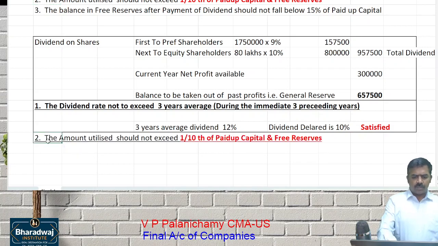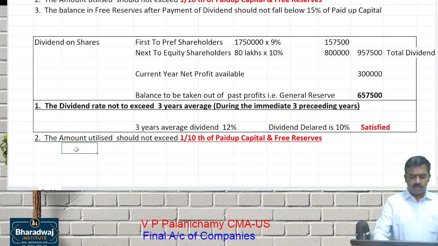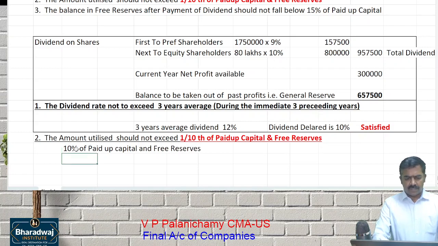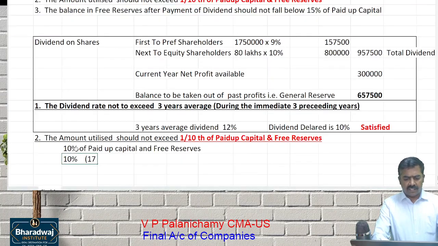The amount utilized should not exceed what? 1/10 of paid up capital and which one? Free reserves. So 1/10 means 10% of paid up capital and free reserves. In the question, like 10% of what is the paid up capital? Preference share capital 17,50,000 plus equity share capital.